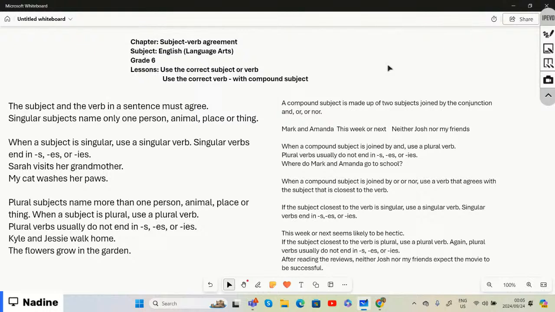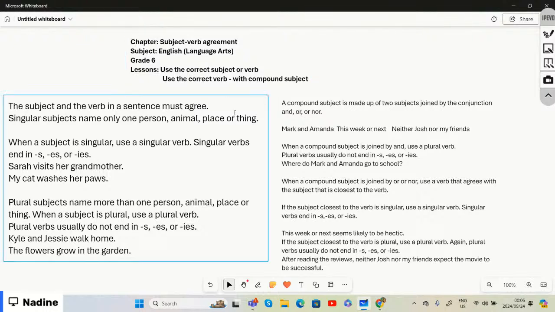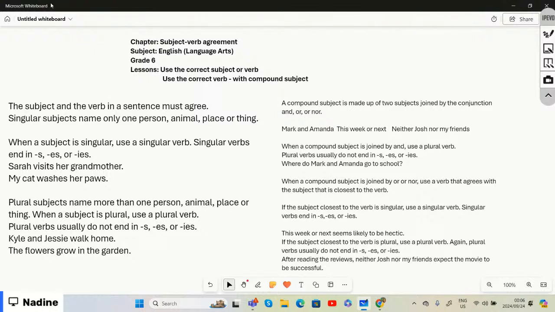And the lessons that we are going to be focusing on under the chapter of subject verb agreement are to use the correct subject or verb, and to use the correct verb with compound subject.